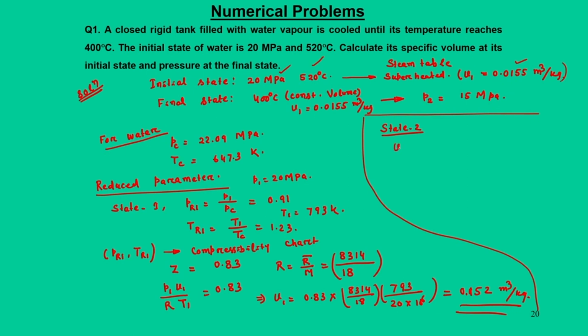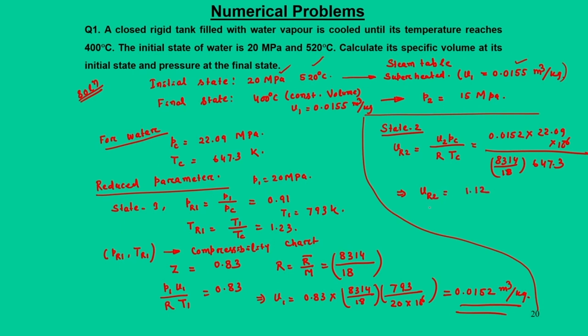You have to rely on the reduced volume parameter VR2, which is V2 Pc by R Tc, that is 0.0152 into Pc, 22.09 into 10 to the power 6, divided by 8314 by 18 into Tc, 647.3. So, VR2 would be 1.12.